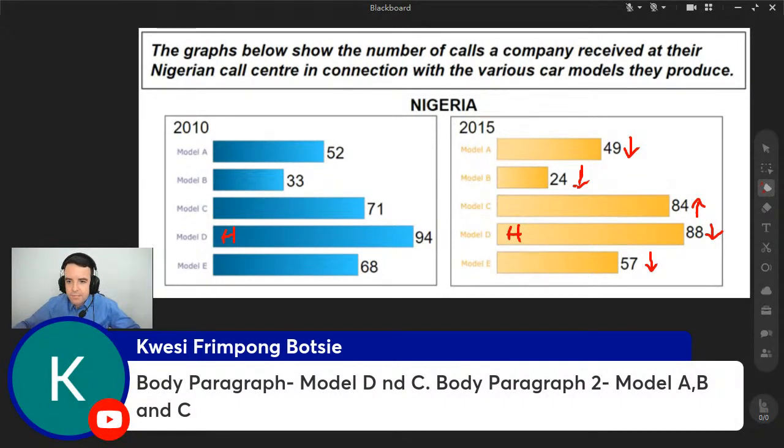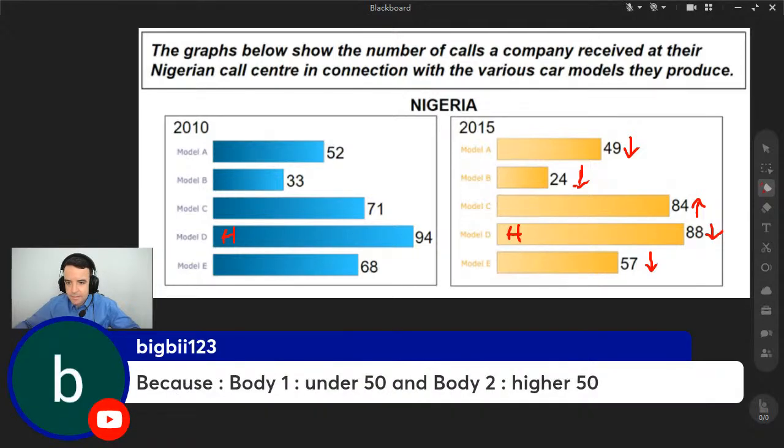Body paragraph 1, D and C. Body paragraph 2, models A, B, and you meant to say E, I would guess, Quasi, because you already mentioned C. Big B, because 1 is under 50, body 2 over 50.